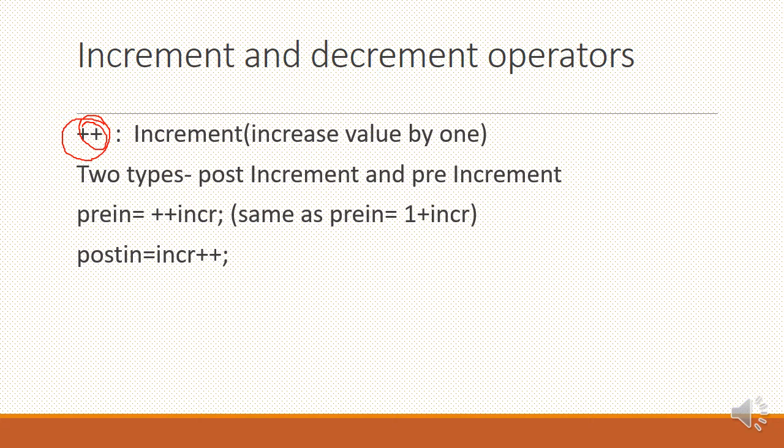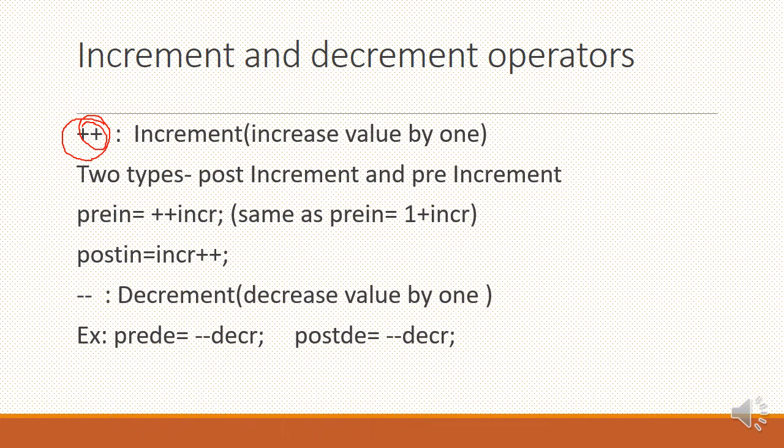Minus written the same way is called the decrement operator. Both are the same in this respect: there are two types of increment operators, and in the same way, there are two types of decrement operators.